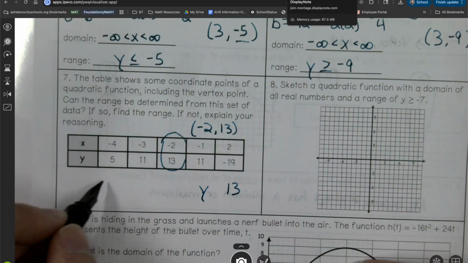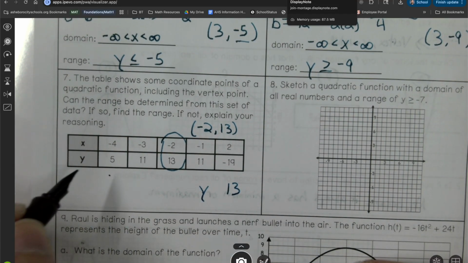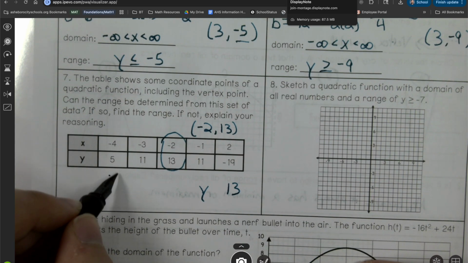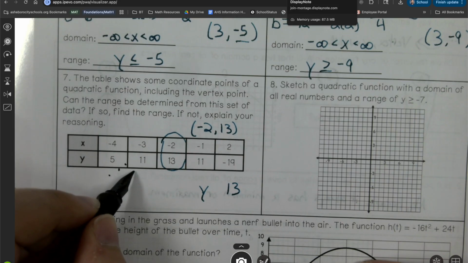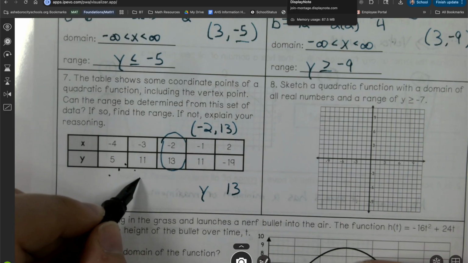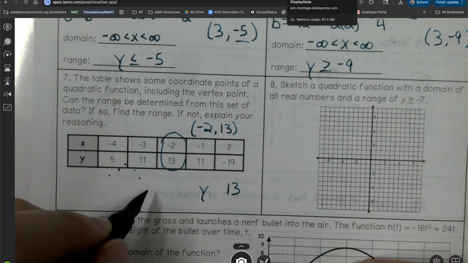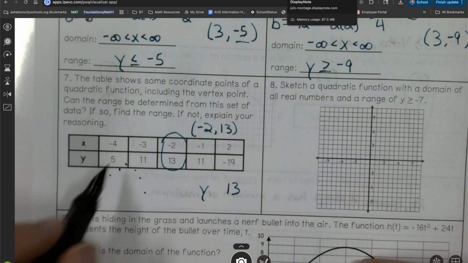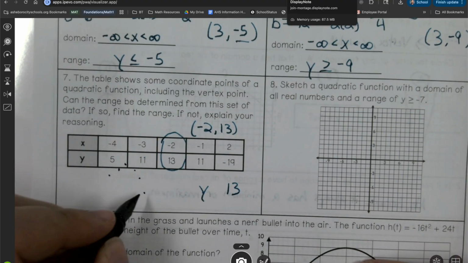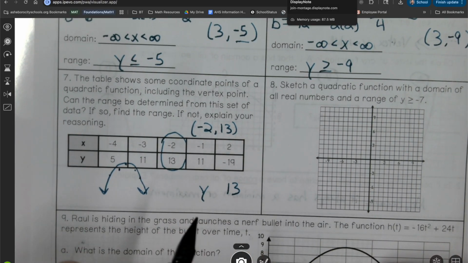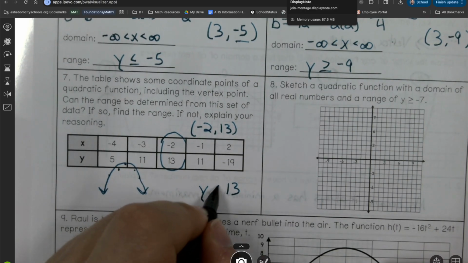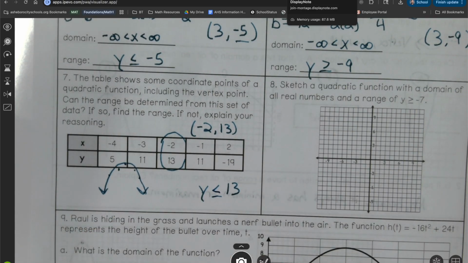So if I'm thinking -4, 5, -3, 11, -2, 13, -1, 11, 2, -19. So it looks something like that, right? So here, this looks like it's opening downward. So this would have a maximum, which means y cannot go above 13.